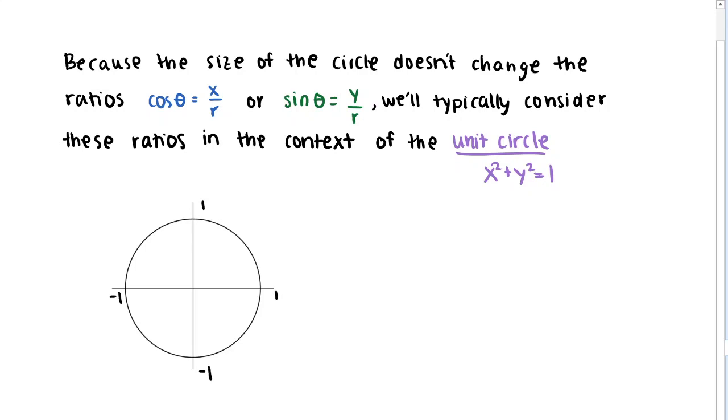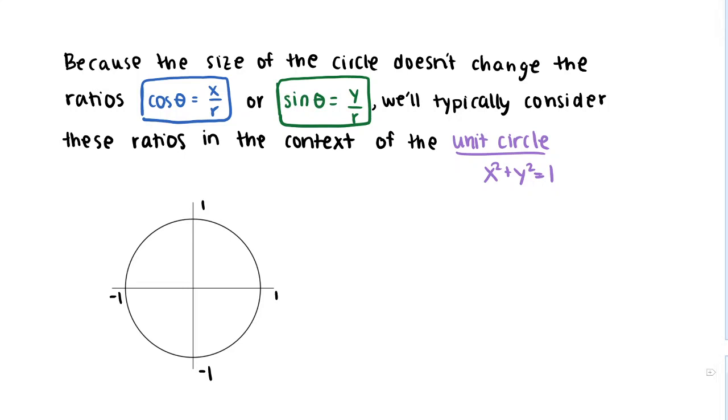And so that kind of makes some of these computations nicer, right? If I have cosine of theta is equal to x over r, if we're thinking about things in terms of the unit circle, that value of r is just 1. And so I'll talk about this again in just a moment, but here let's go and continue.